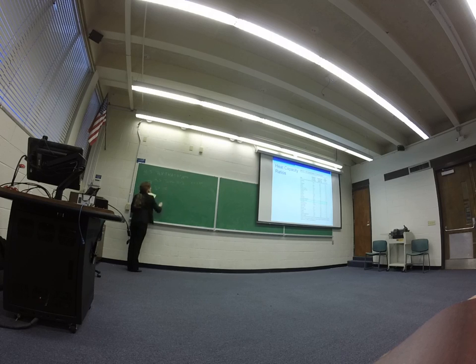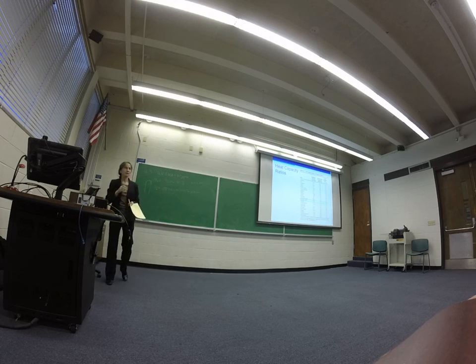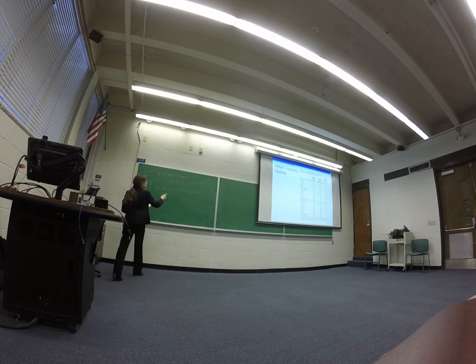We have our P naught, which was the 100 psi gauge. I assume it's fine if I put the gauge on there, but that means it's 114.7 psi. Put an absolute on that, because that's the number we need to calculate what our choke pressure is.